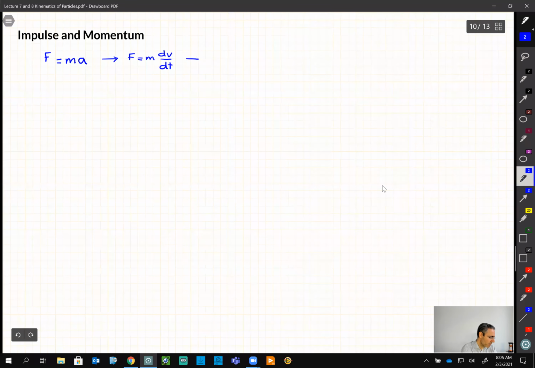And if I rewrite it now as F dt equal to m dv, I'm getting this differential equation. When we say differential equation, it means the time or other parameters like velocity here are very, very small. That's why we call it a differential equation.